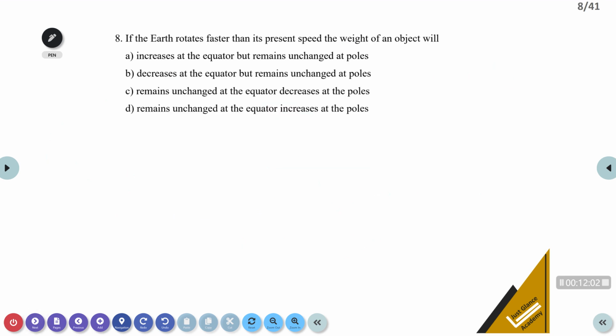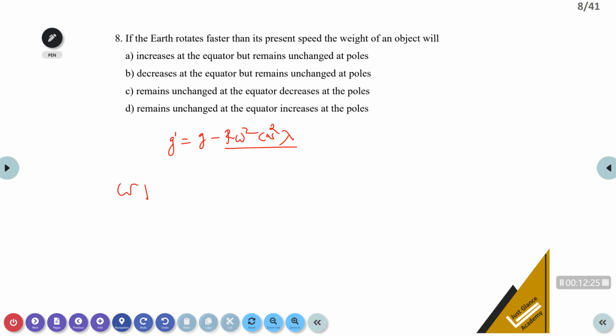Next, 8th. If the earth rotates faster than its present speed, the weight of the object will be. Rotation and g are related by g dash equal to g minus R omega square cos square lambda.